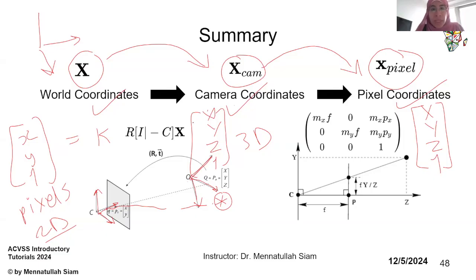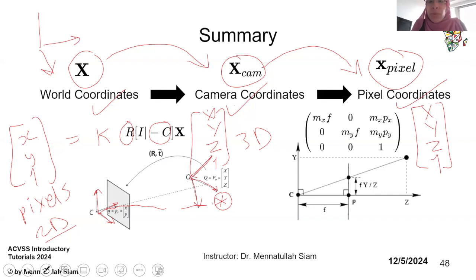So we're using extrinsics because in this point C, we used the inverse of the translation and the rotation. This is to go to the camera coordinate system, and these are external properties, dependent on the location and the rotation of the camera.